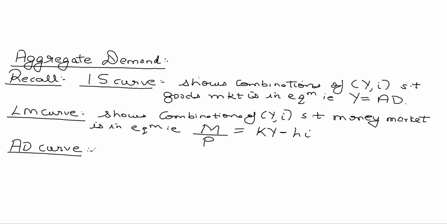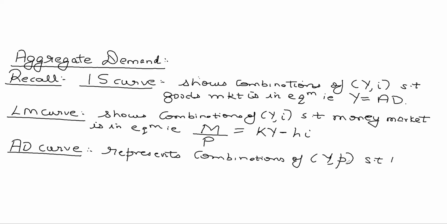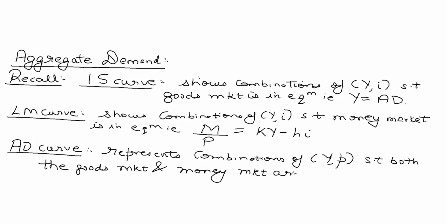The aggregate demand curve represents combinations of output and prices such that both the goods market and the money market are in equilibrium.